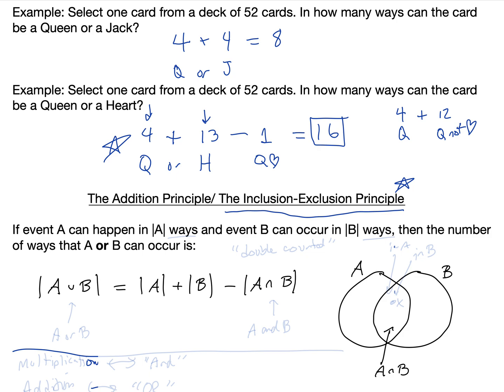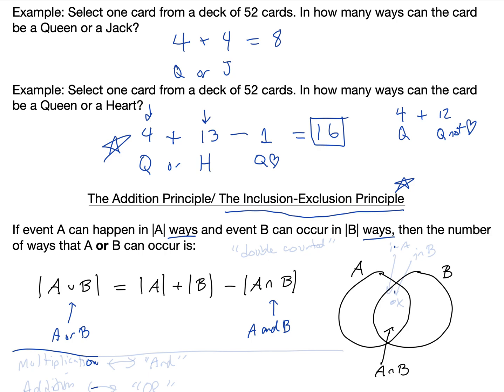So if event A can happen in cardinality of A ways and event B can happen in cardinality of B ways, then the number of ways that A or B could happen, the cardinality of A union B, this is A or B, is equal to the number of ways that A can happen plus the number of ways that B can happen, and then subtract off their intersection, the number of ways that both A and B occur simultaneously.